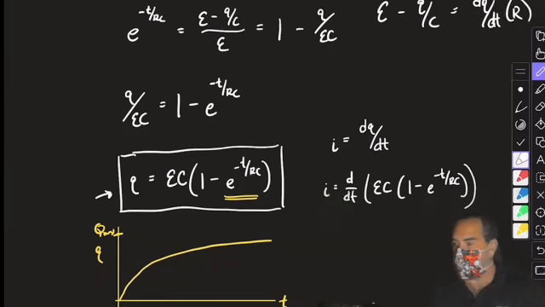Everything there is a constant except for t. My expectation is that you could come in tomorrow with a function for current as a function of t by taking this derivative. It shouldn't surprise you. We already said that current drops to 0 over time. We are expecting the current function to start and drop to 0. Prove it. You're not going to be surprised at what you get for the max current.